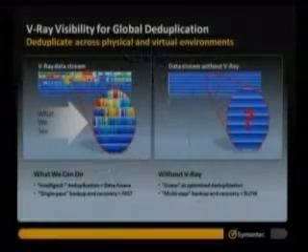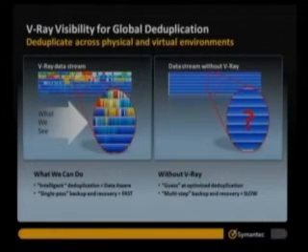This is an example about what we can actually see with V-Ray. And if you use your goggles, you'll actually see secret images on the slide here that you'll be able to see. But this is one of the things that when we look at and do a virtual machine backup, we are actually understanding all of the information, all of the files within the virtual volumes, so within the VMDK files, right?